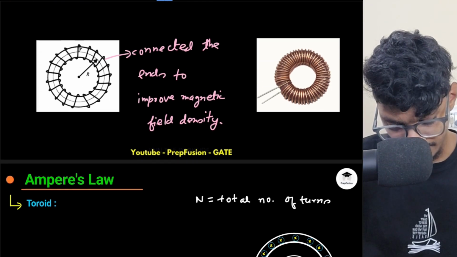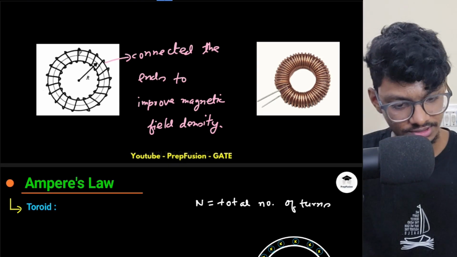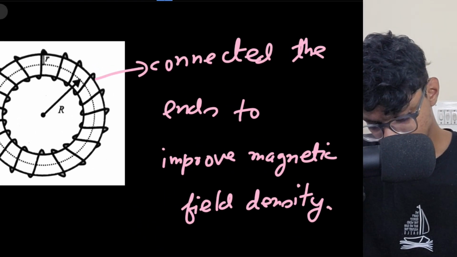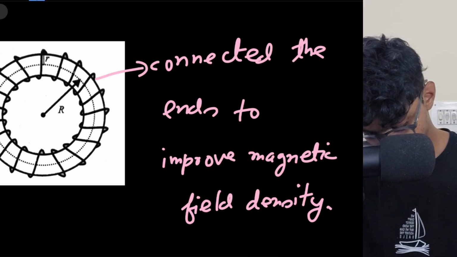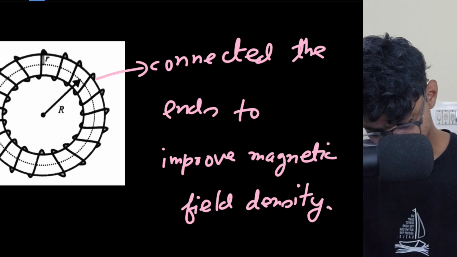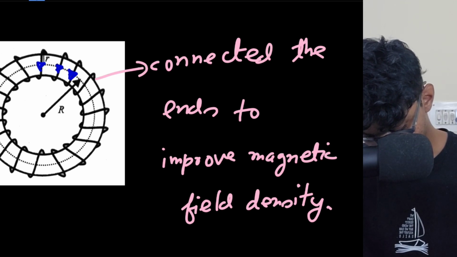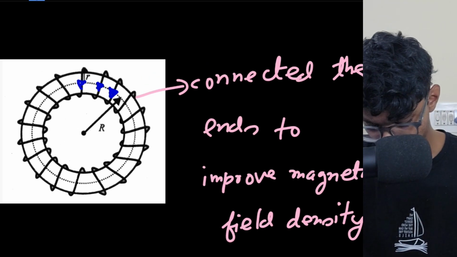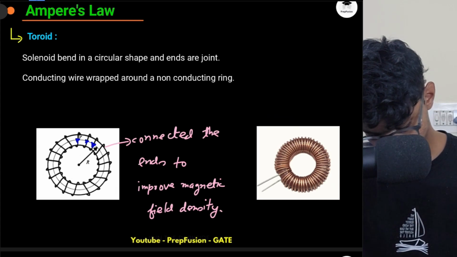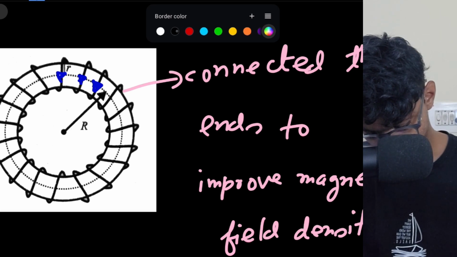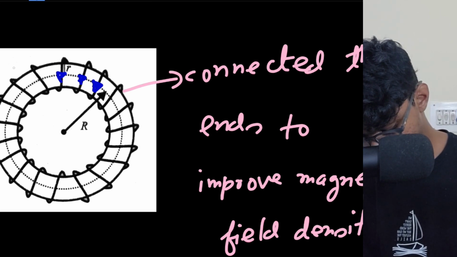So how will the magnetic field be? So current will flow something like this, right? Like if I just assume a direction here, current will be just like this, right? It will come here and go in. Two wires supposed to be here.